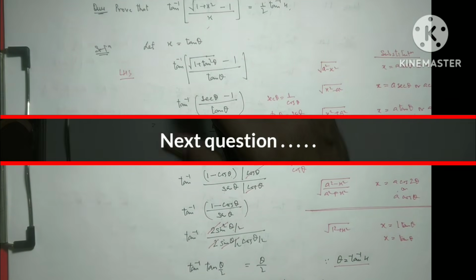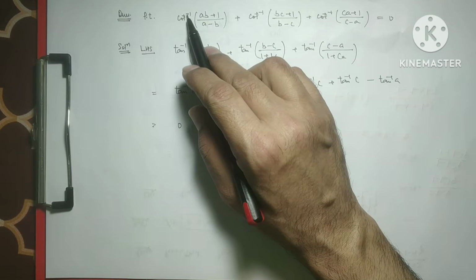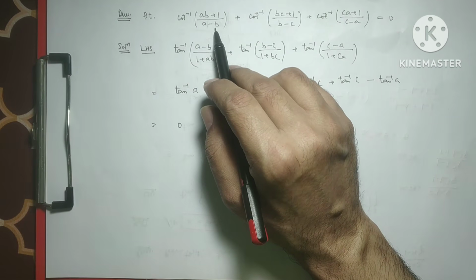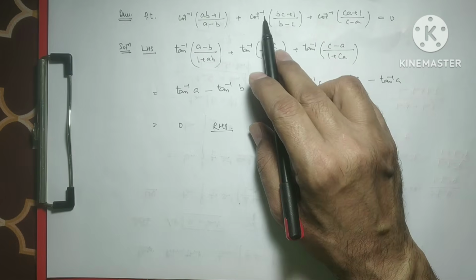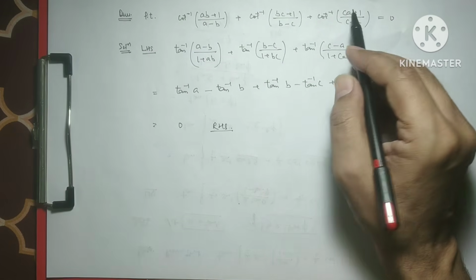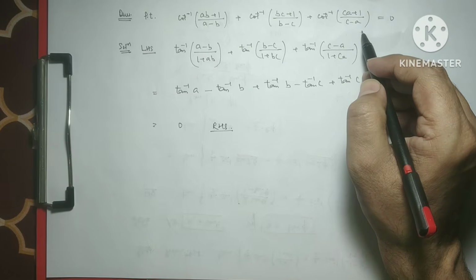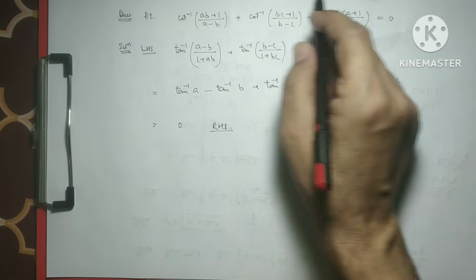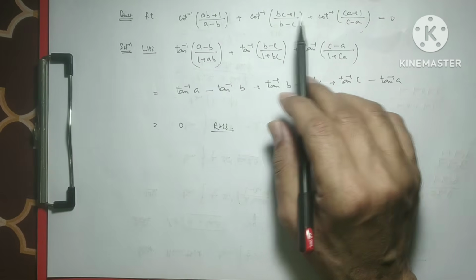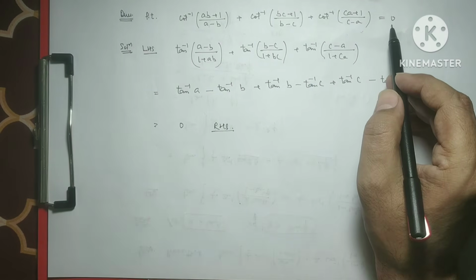Now the next question: cot inverse of AB plus 1 over A minus B plus cot inverse of BC plus 1 over B minus C plus cot inverse of CA plus 1 over C minus A. And this entire expression, the summation of these cot inverses, should be 0.